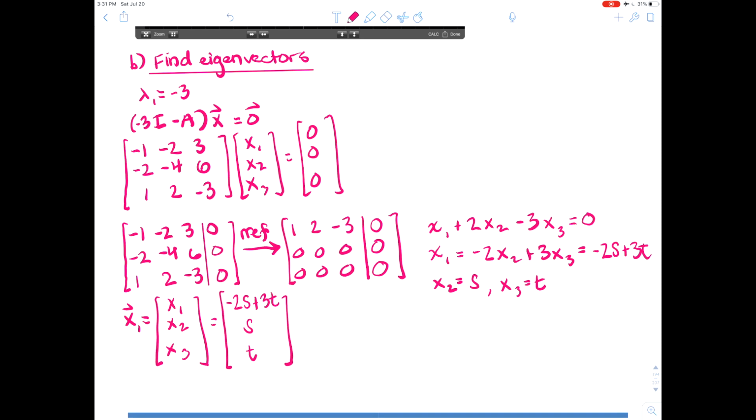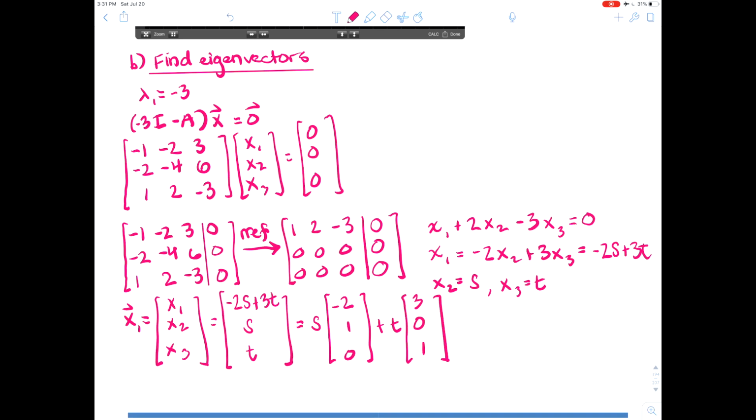And notice we have two parameters. So we'll get s times -2, 1, 0, plus t times 3, 0, 1.